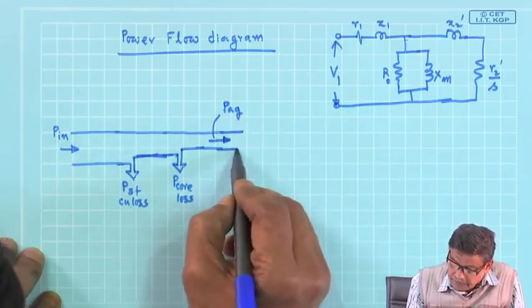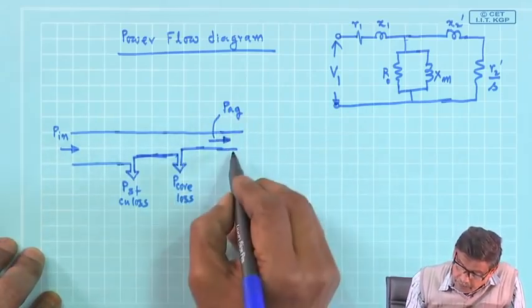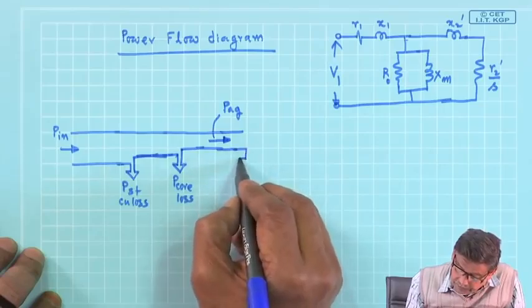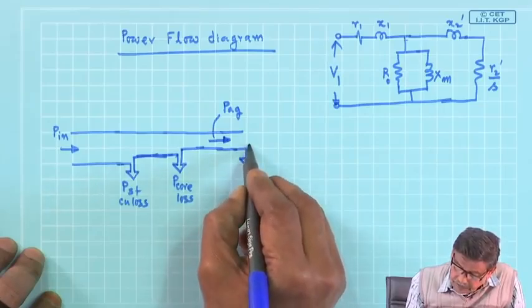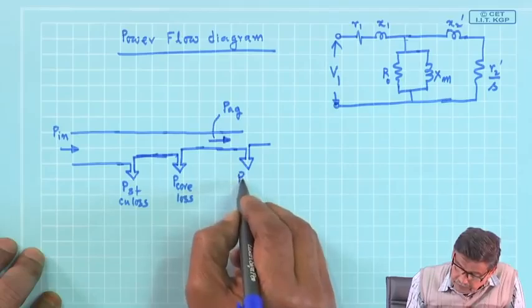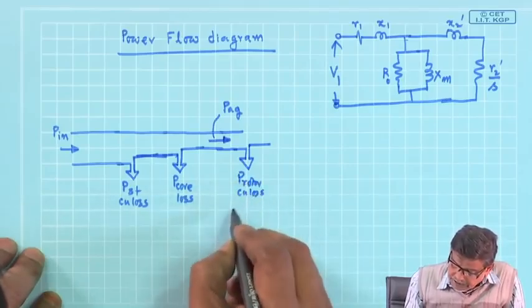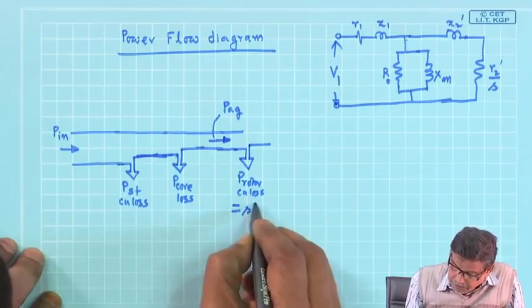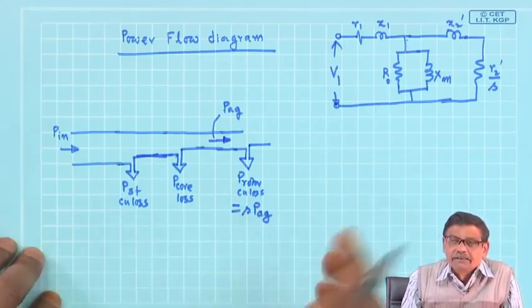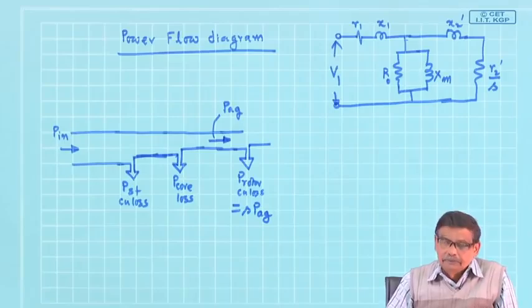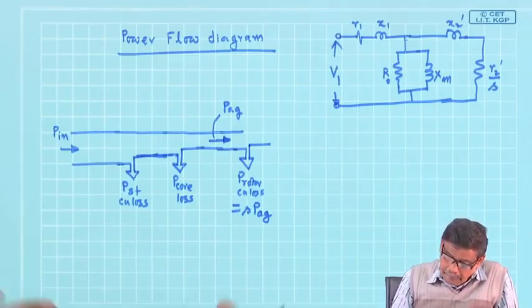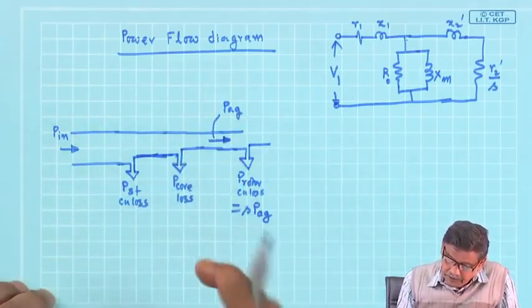air gap power. And from air gap power you have to subtract the rotor copper loss, P rotor copper loss, which is always true that it will be S times PAG. That is all. S into PAG will be the rotor copper loss.